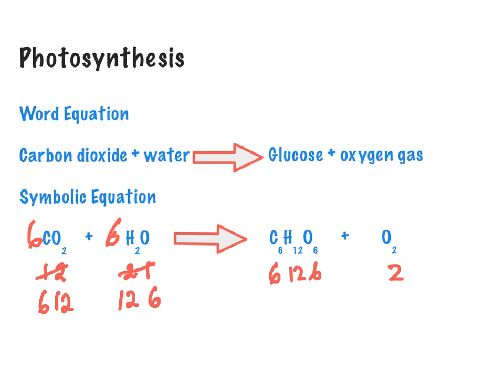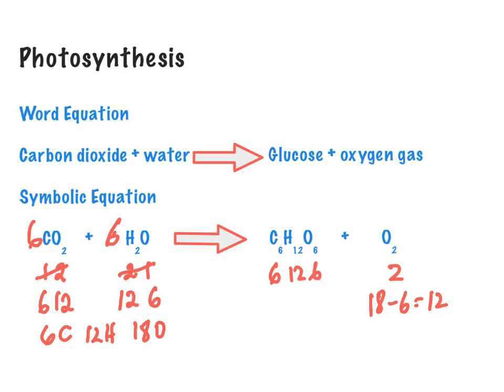Now at the moment I've got 6C, 12H, and 12 plus 6, 18O over here. Right, all I've done is I've brought them together and added them all up. Over here I've got 6 carbons, I've got 12 hydrogens, and I've got 6 oxygens. So that means I have to find 18 minus 6 or 12 oxygens. I've got to have 12 oxygens there somewhere.